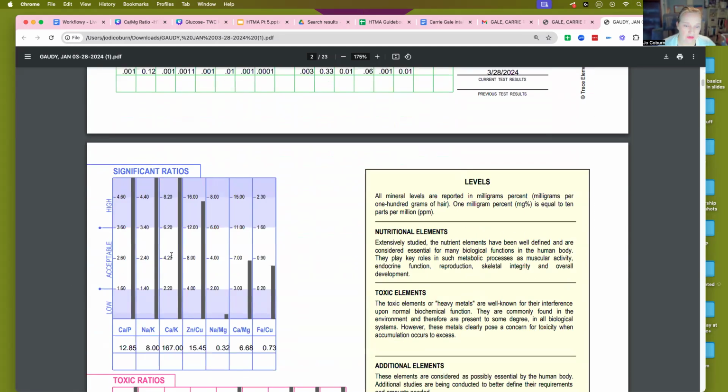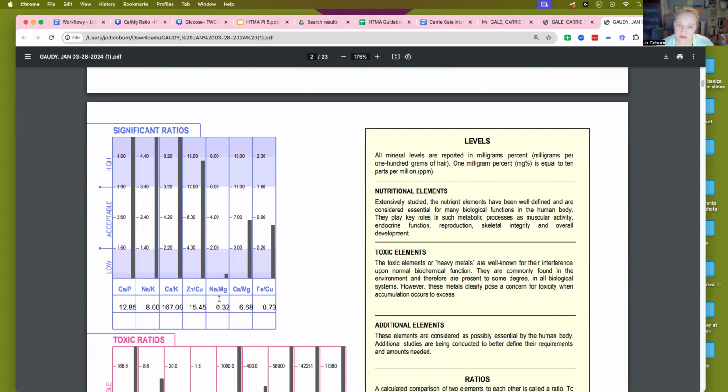When you go down here and look at her ratios, her calcium magnesium ratio looks pretty acceptable, right? So are we saying it's a blood sugar issue right now? No, but there's definitely something going on.